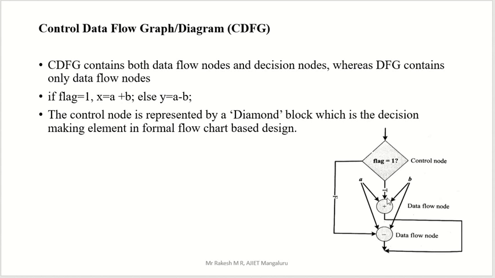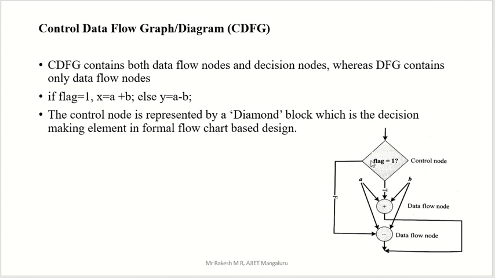The operation is the same as the previous explanation, but we are using one extra, that is called the control node. The operation is if flag is equal to 1, here we are using flag. If flag is equal to 1, that's why this is called decision making.